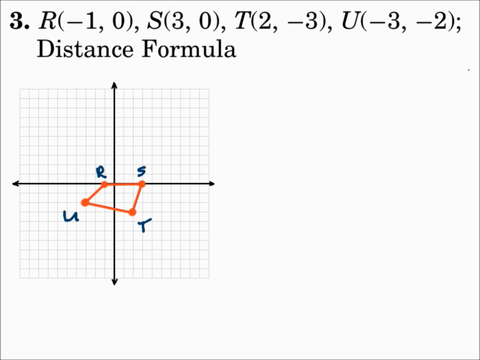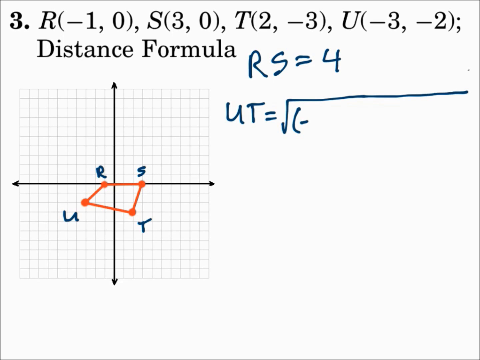Number 3 gives us the coordinates of the vertices, and it says use the distance formula. Well, the distance formula will tell us how long the sides are. Let's start with one pair, side RS and side UT. Side RS we can just count since it's horizontal, and it has a length of 4. Since side UT is diagonal, use the distance formula.